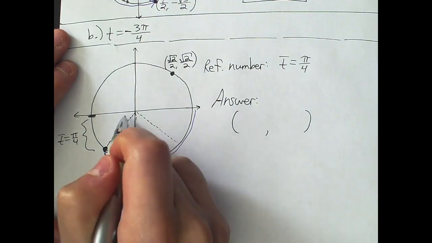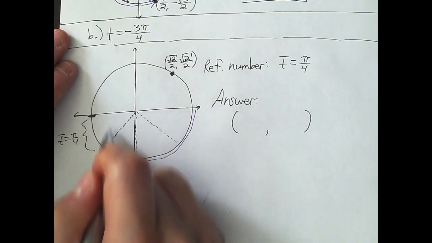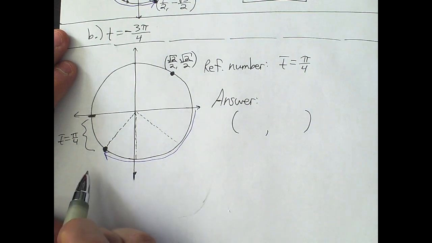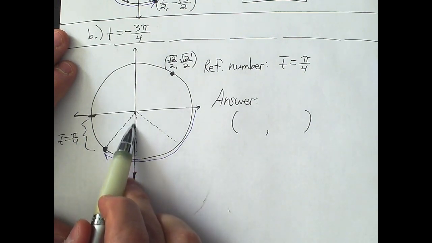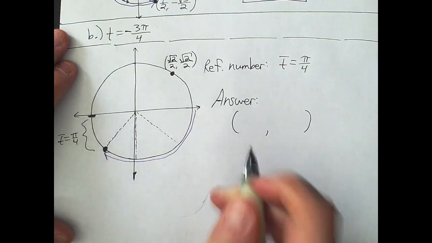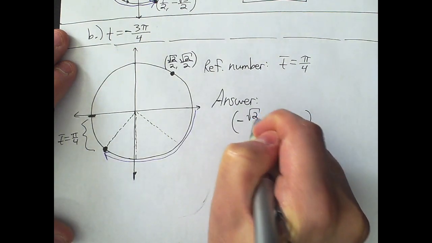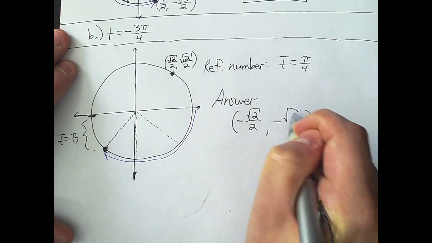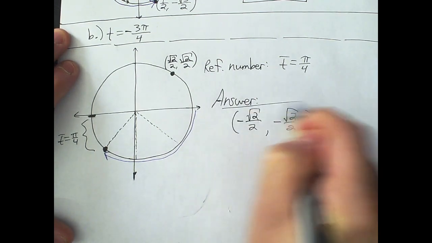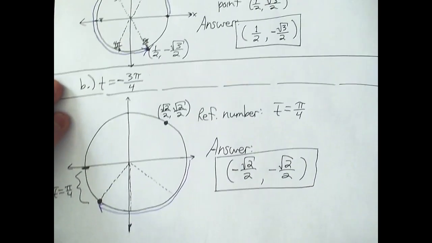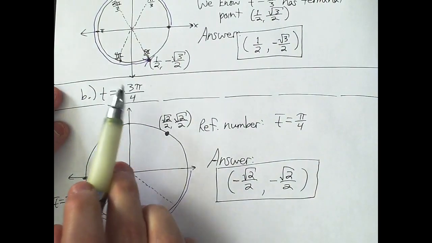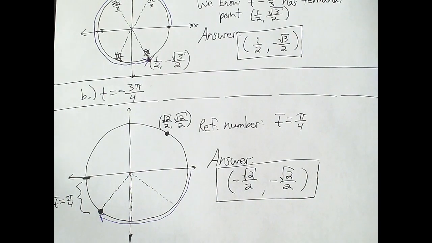The x-coordinate would have to be negative to be all the way over here. The y-coordinate would have to be negative to be over here. So it's going to be negative square root of 2 over 2, comma, negative square root of 2 over 2. And that is the terminal point corresponding to t equals negative 3 pi over 4.